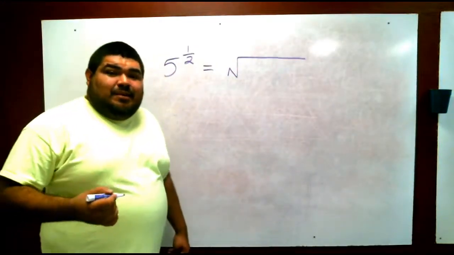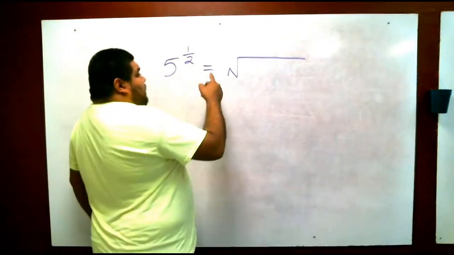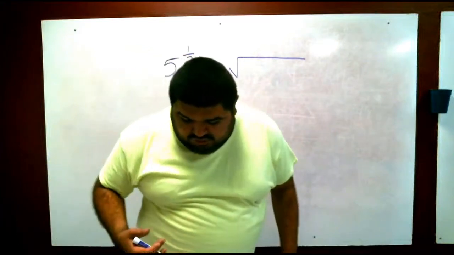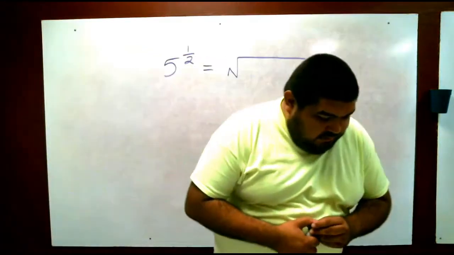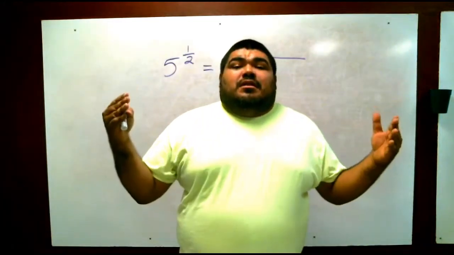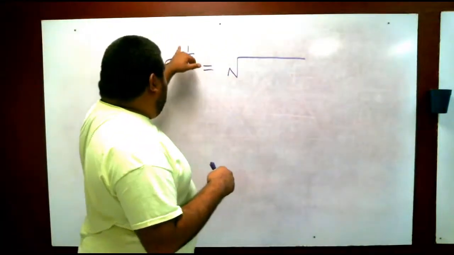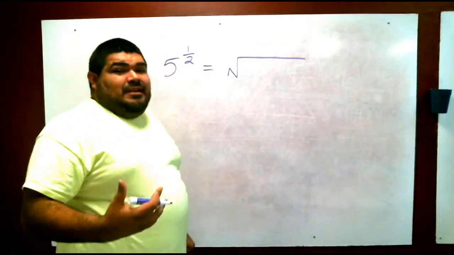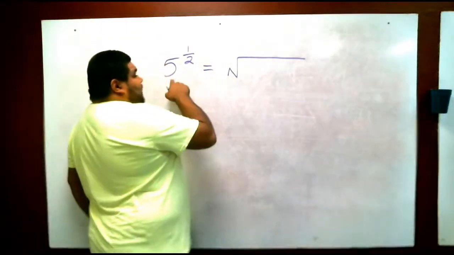The way you set it up is the number on the top, should I say. The number that goes on top of the fraction here, okay, goes on the inside. Meaning, keep your number.